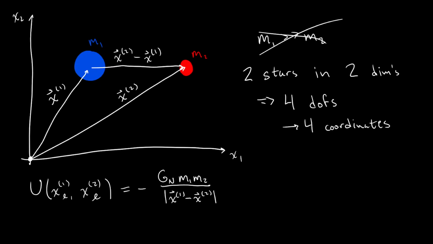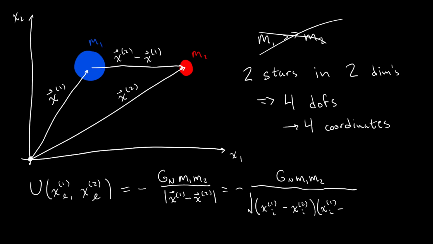So it just is given by the distance vector between the two, or the length of the distance vector between the two stars. I'm going to rewrite this in our index notation just to, well, sort of unfairly emphasize how messy this is. And this is going to be something like the square root of x1 sub i minus x2 sub i, times x1 sub i minus x2 sub i.